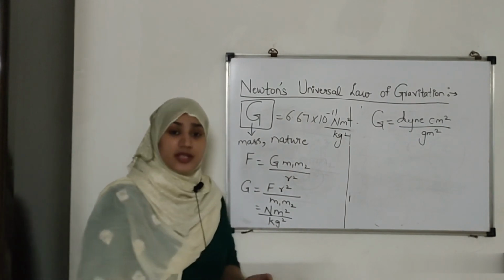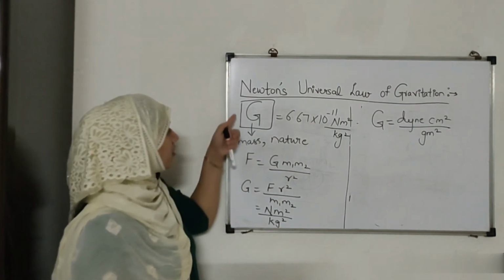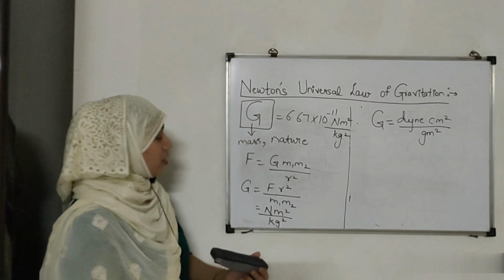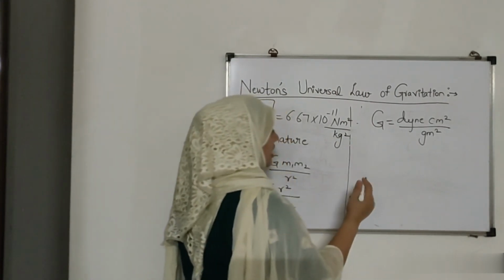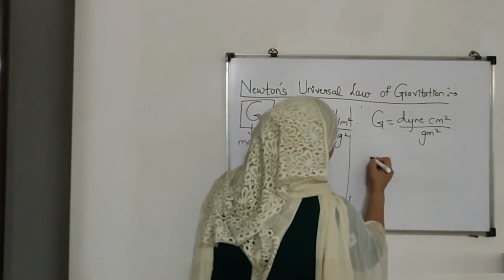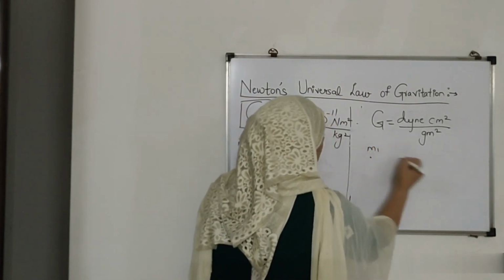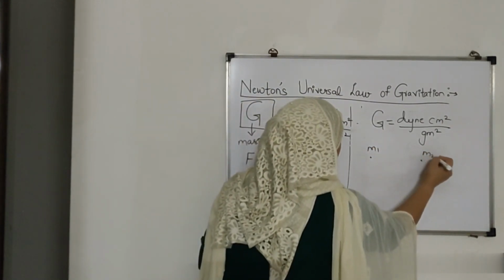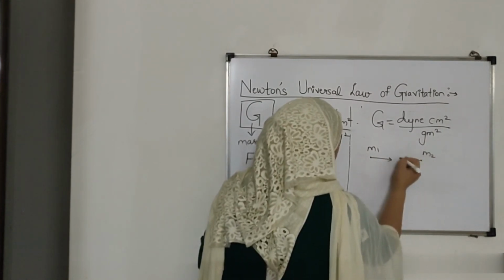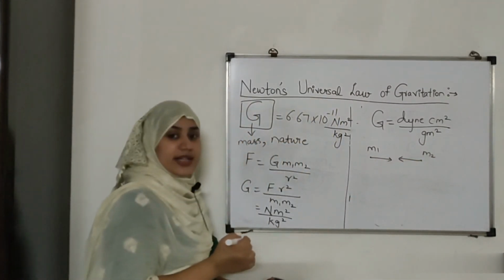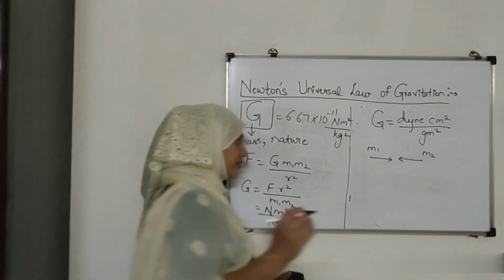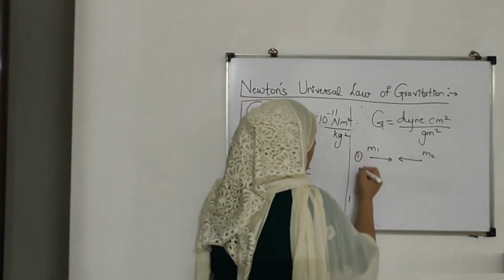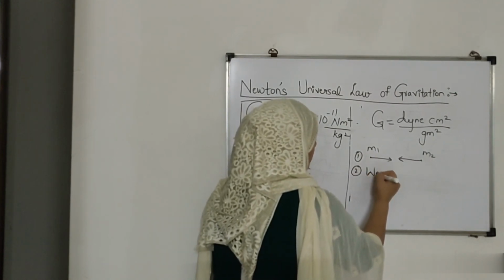Next we'll see the properties of the gravitational force. It always acts along the straight line. Suppose I have a particle m1 and a particle m2; the force always acts along the straight line joining them. It is an attractive force in nature, and it is also a very weak force.